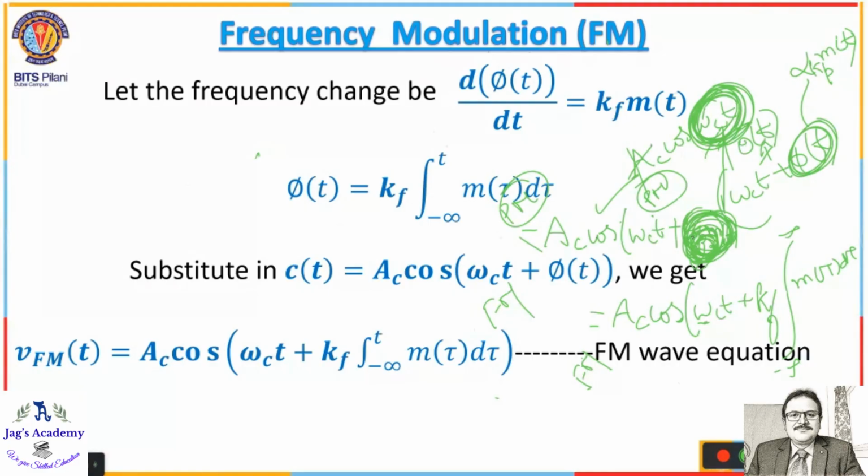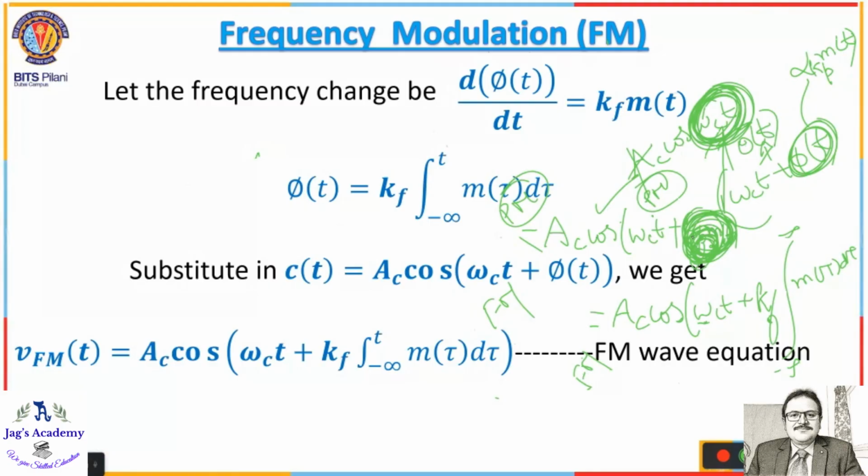Both are same, but one is the integration of the other and the other is the differentiation of the one. That is the difference between a frequency modulated wave and a phase modulated wave. So have you understood this?